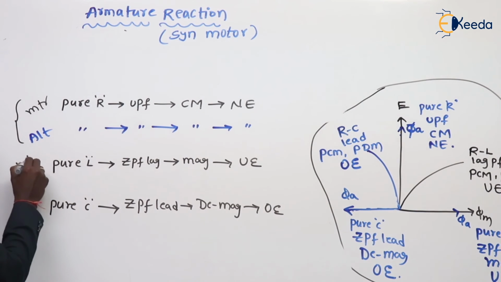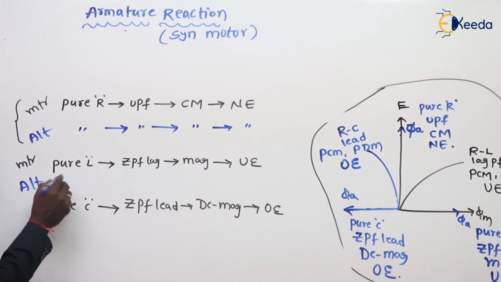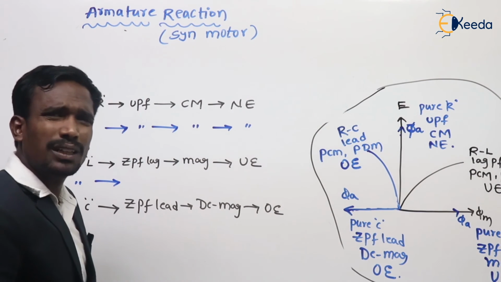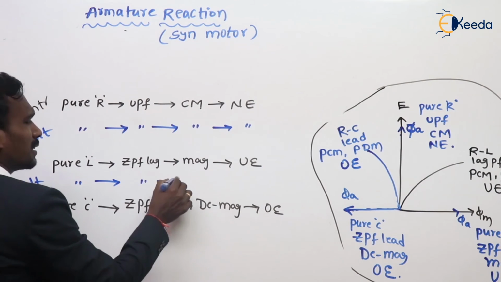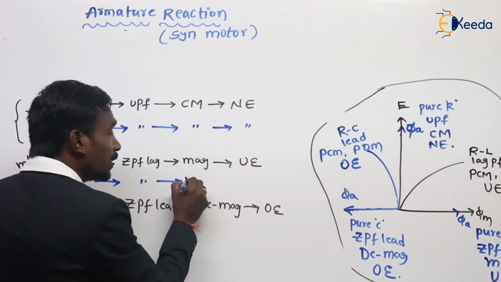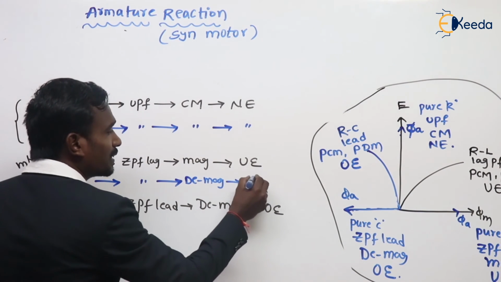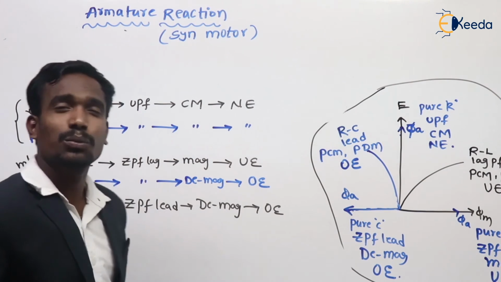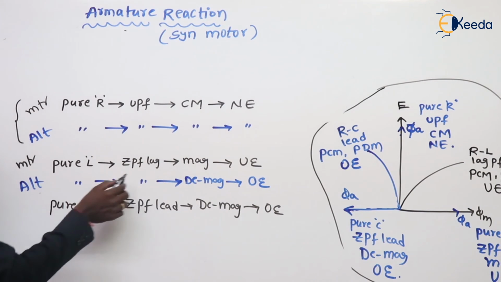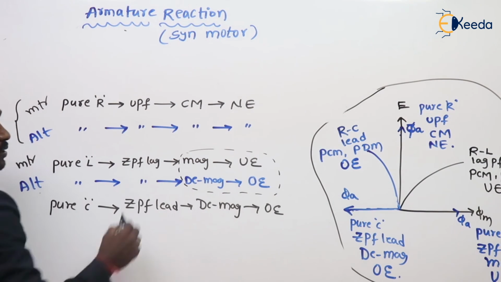For both, these values are the same. And this is for motor. Let's see the values for the alternator. For pure inductive load in the alternator, the power factor is the same, but the armature reaction here is demagnetization. If it is demagnetization, the excitation is over excitation. So here these two are interchanged, and you should remember these two.